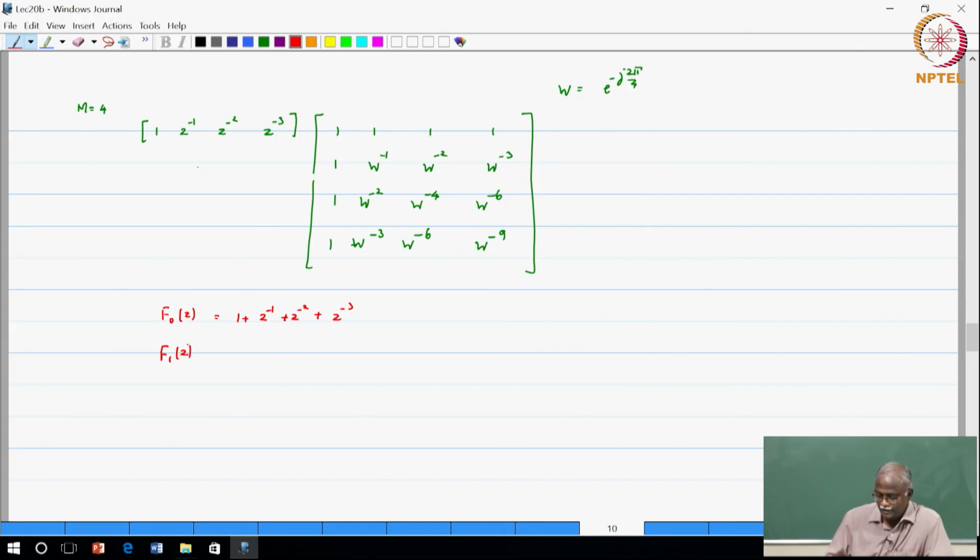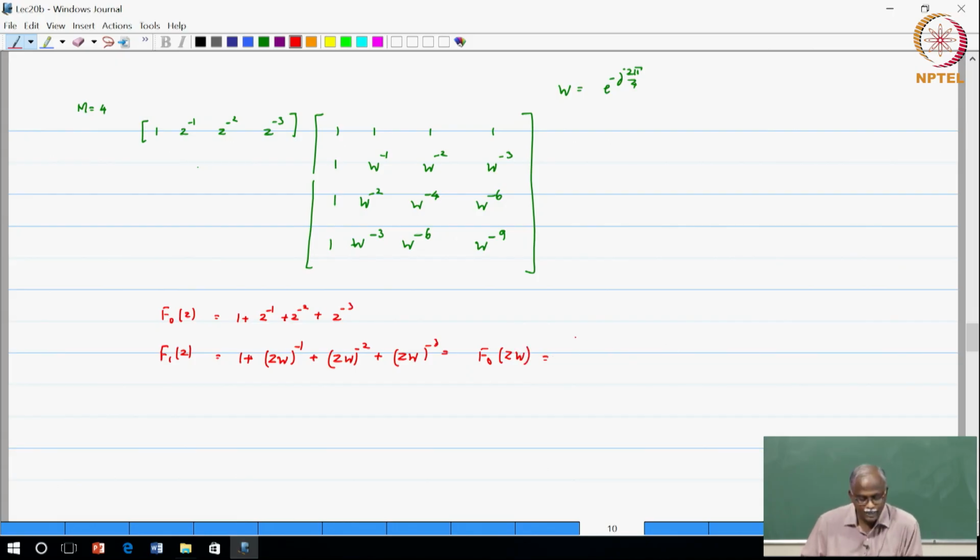F1 of Z, the row vector times the second column, gives 1 plus ZW inverse ZW minus 2 plus ZW minus 3, which you can verify is the same as F naught of ZW.